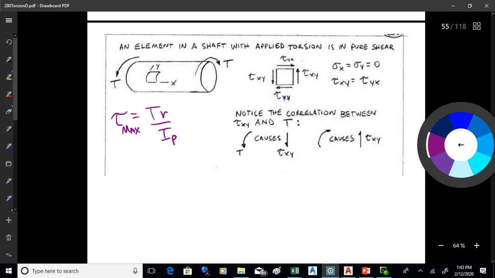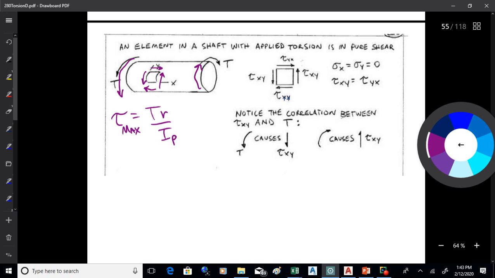Well, if you look at how the torsion's applied, you can pretty easily get from that. If you take this torsion right here, kind of curling up, that'll create a shear on that side. This torsion rolling down will create a shear on this side. So we get the shears right on the edges there, and then the other two shears will meet at the corners.